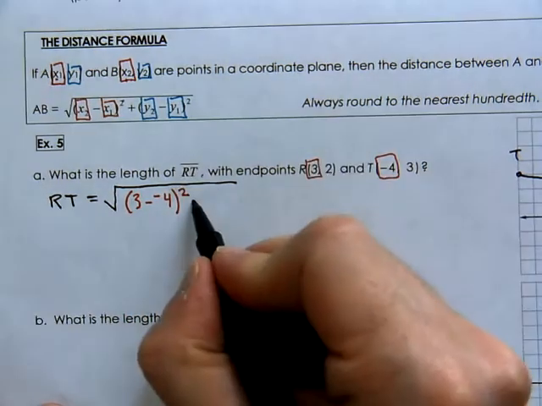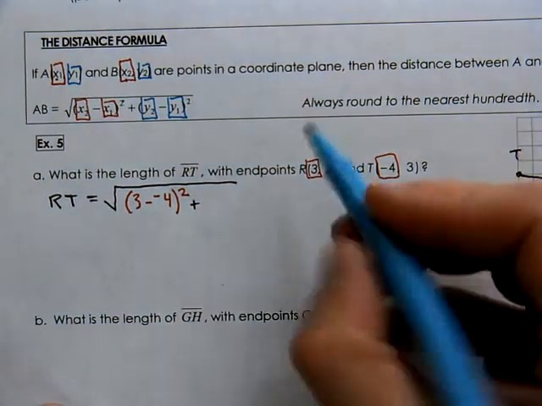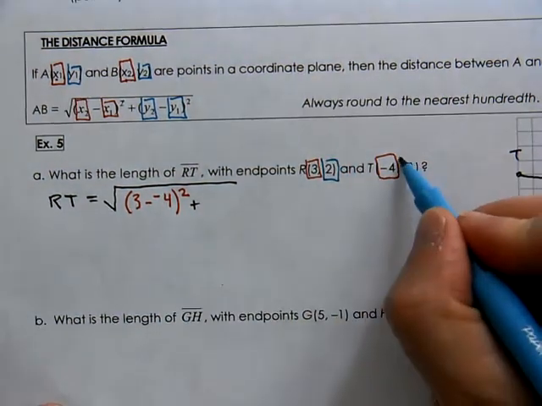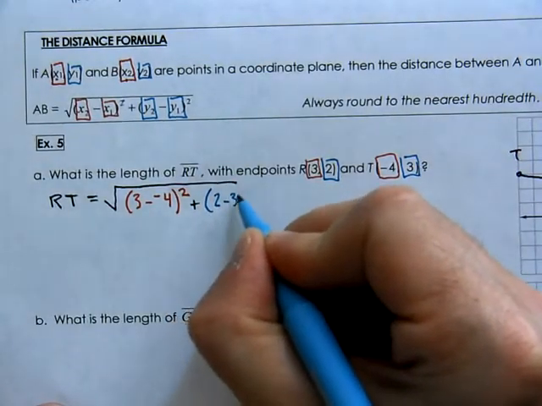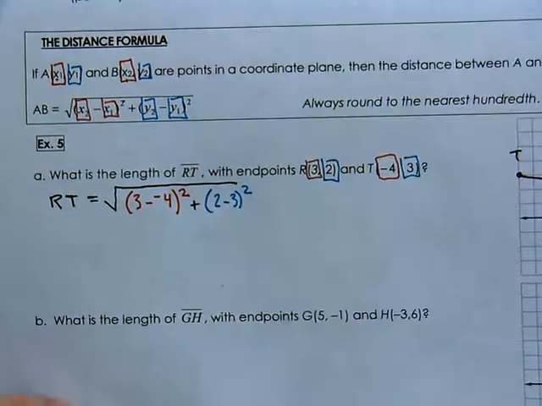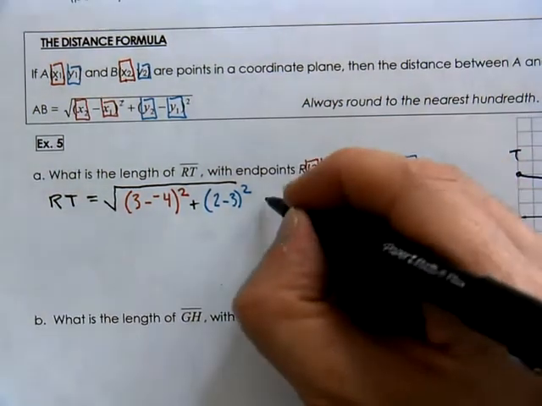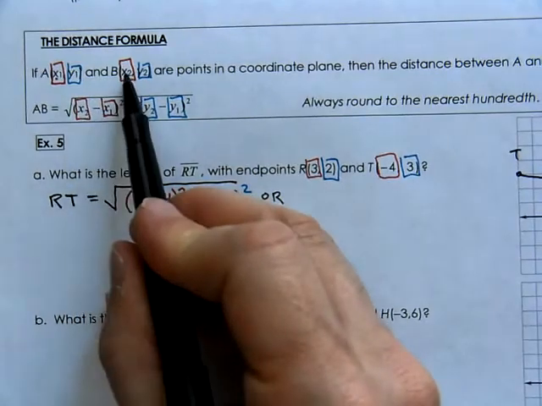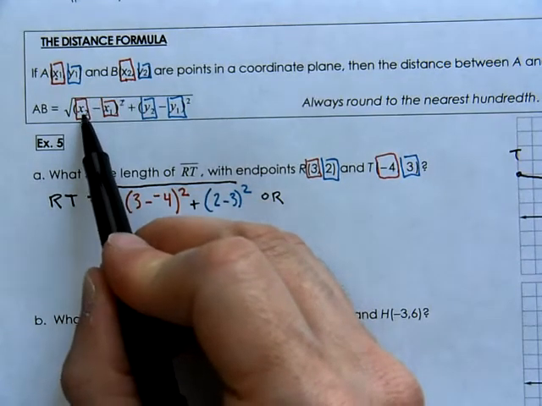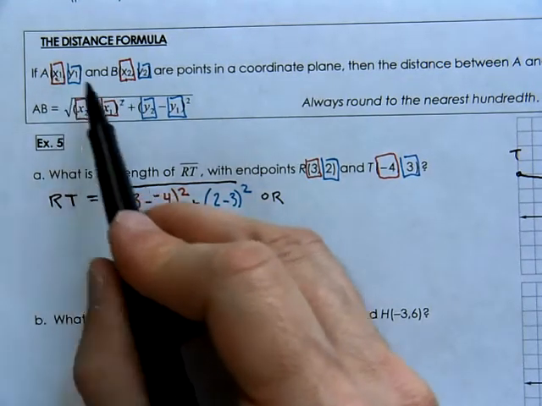And then find your y coordinates. We have a 2 and a 3. We have 2 minus 3, quantity squared. Now some of you might say, whoa, wait a minute, aren't your numbers backwards? Aren't you supposed to be putting that second point in front and the first point in back?